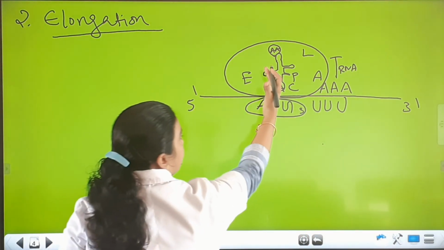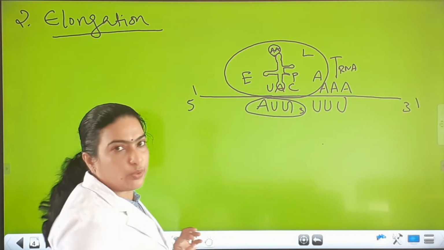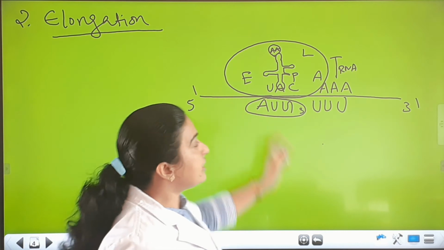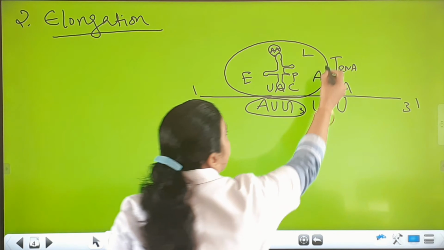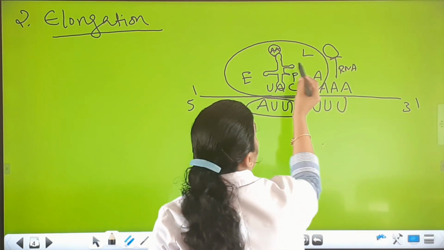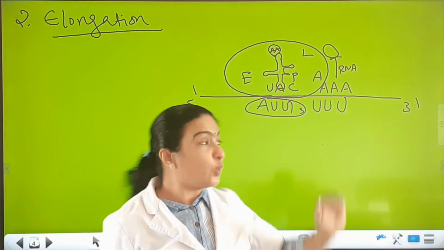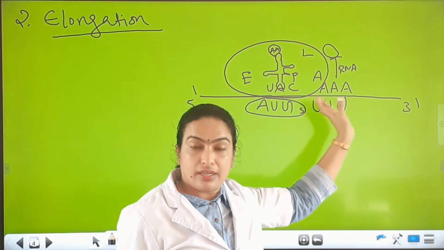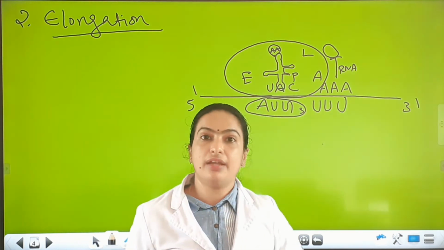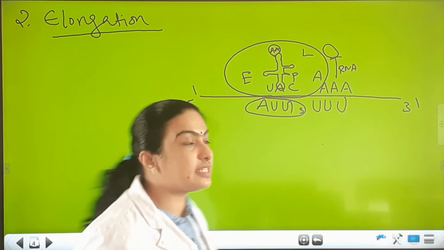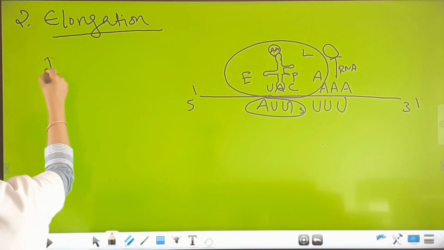So there is a movement of the ribosomal complex along the mRNA codons, and that results in the adding of amino acids one by one. So in the next tRNA another amino acid is there. When it moves along the mRNA codons, amino acids are added one by one, and that results in the formation of peptide bonds, or a polypeptide.